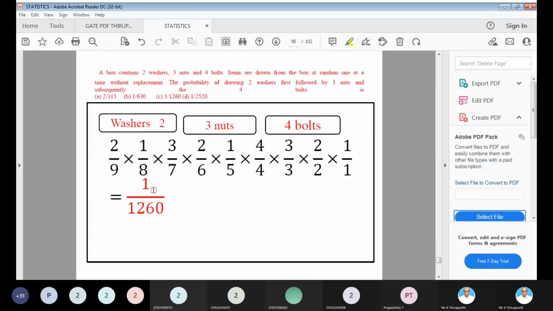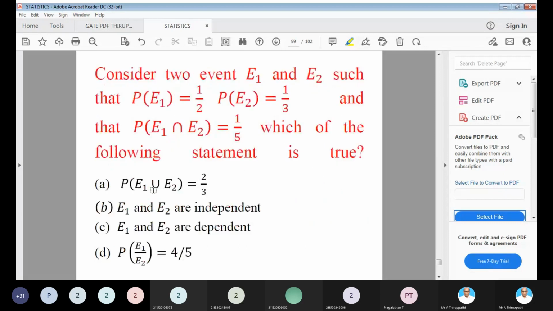Now this is Bayes' theorem. Now we will discuss the next one. Consider two events, E1 and E2, such that P of E1 is equal to 1 by 2, P of E2 is equal to 1 by 3, and P of E1 intersection E2 is equal to 1 by 5.